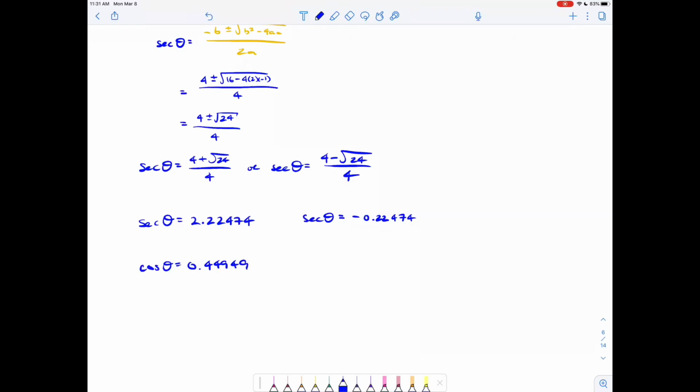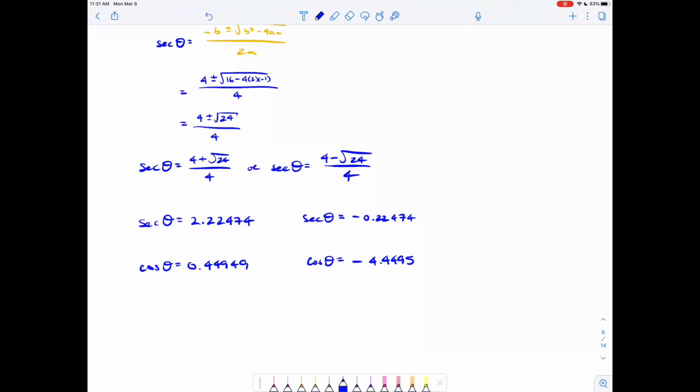Interesting. And that means that cosine of theta is the reciprocal of that, which is negative 4.4495-ish.